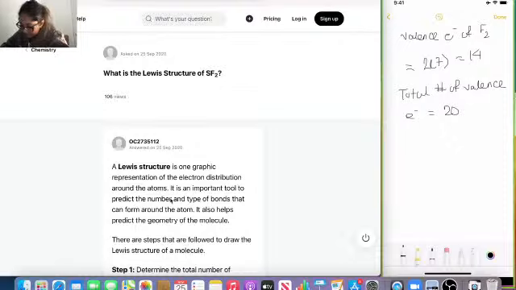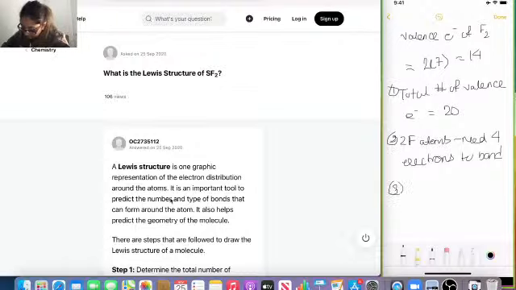Okay, so there are 2 fluorine atoms, and so we would need 4 electrons to bond all together. So this is the second step.